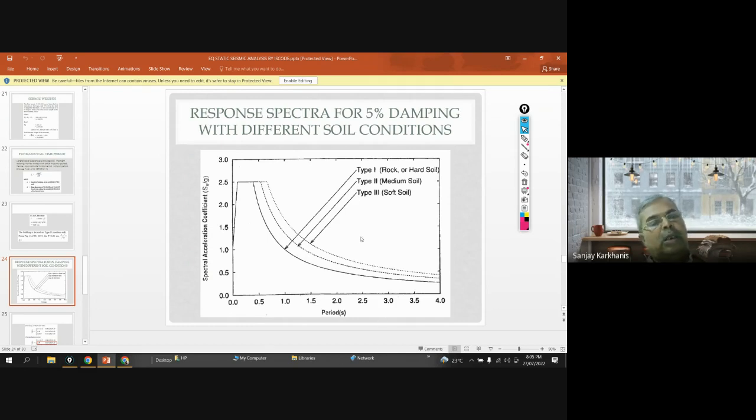In our era, it was only a syllabus in post graduation level. But right now, I think in final year, you calculate this equivalent static load method, you apply it and you find out base shear, etc., etc. So at least this equivalent static method is included in your graduation level. So at least कुछ तो पता होगा.